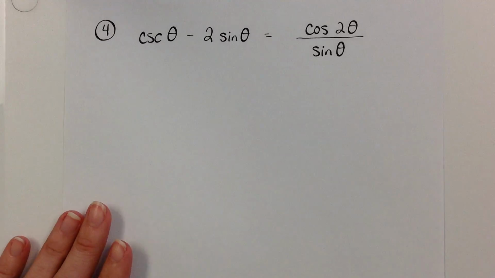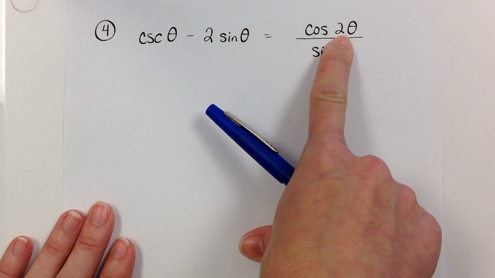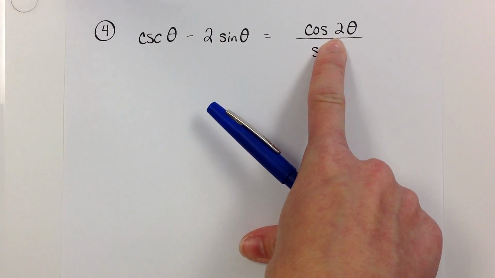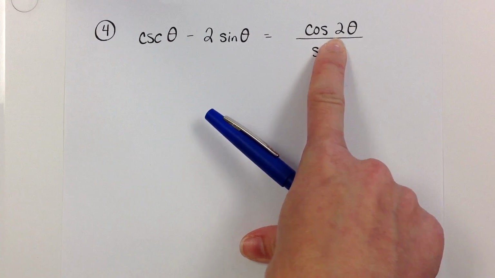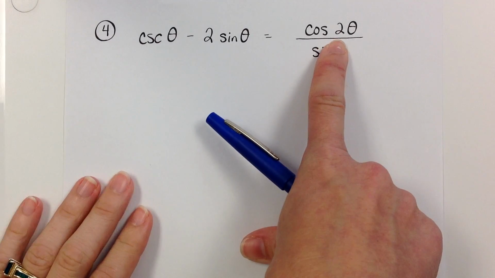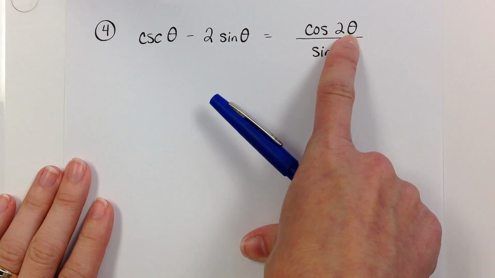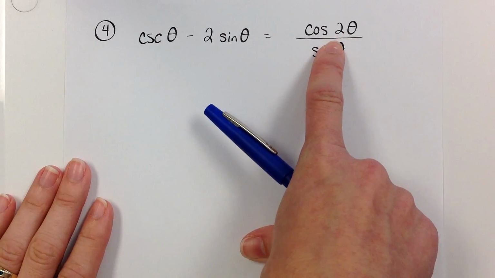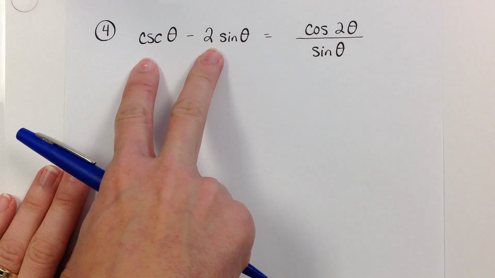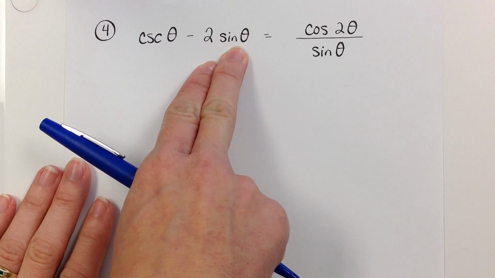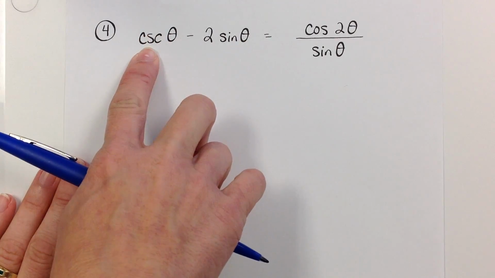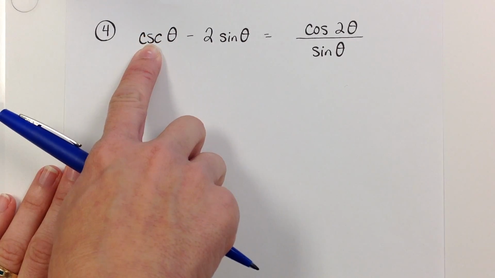On this one, I'm going to work on this side. Like I said, most of the time you do go wherever you have a double angle, but you saw that one example that didn't work out that way. So just keep that in mind. Okay, you've got 3 choices for your double angle for cosine. So what I'm trying to come up with, of course, this is sine, this being cosecant, but cosecant is the reciprocal of sine.